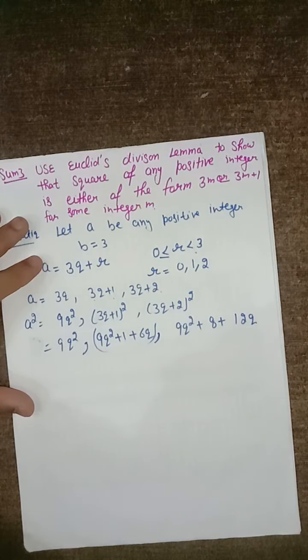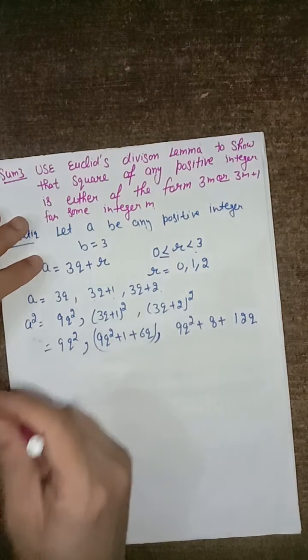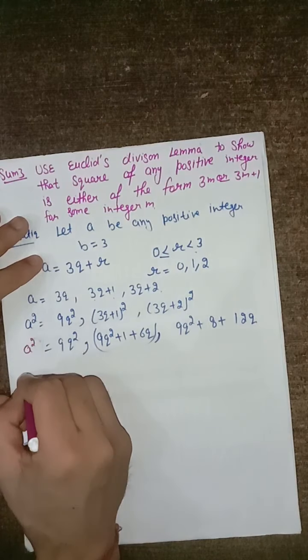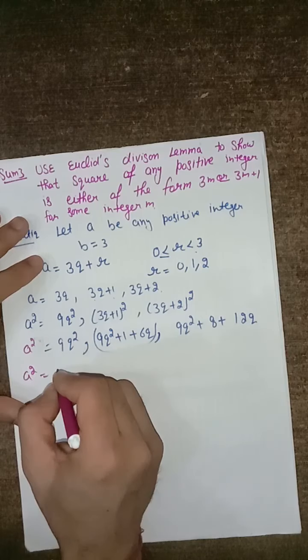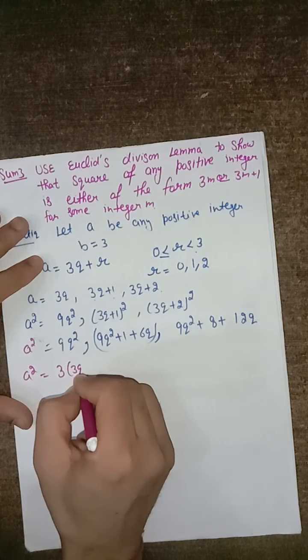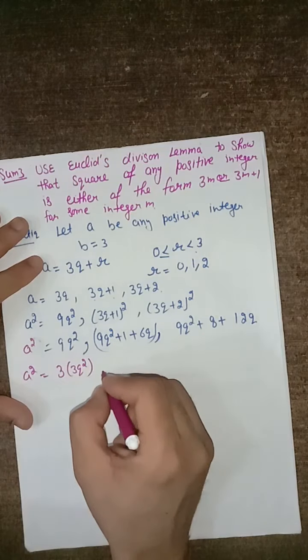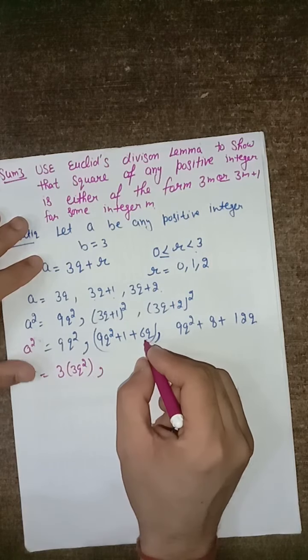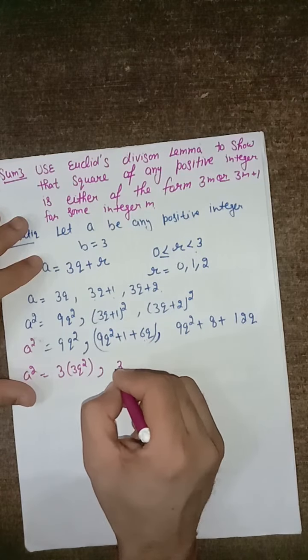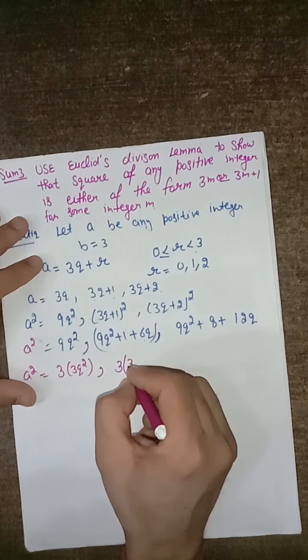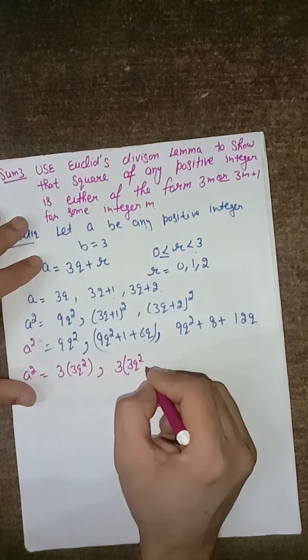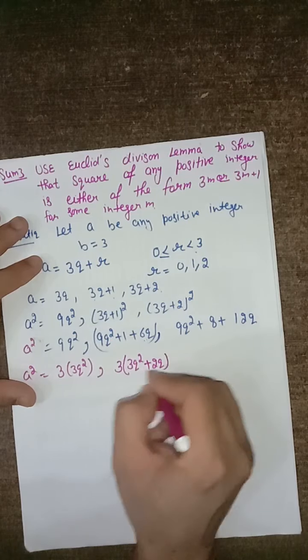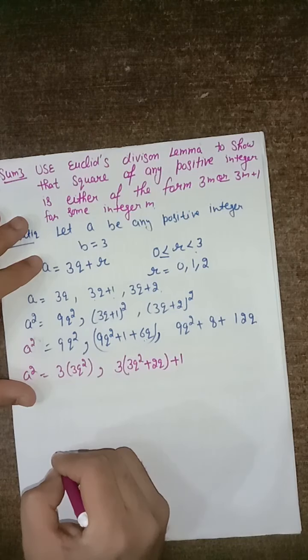Now this is our a square, and this can be written as 3 into 3q square, and when we common out 3 from this, it becomes 3 into 3q square plus 2q, and this one as it is.